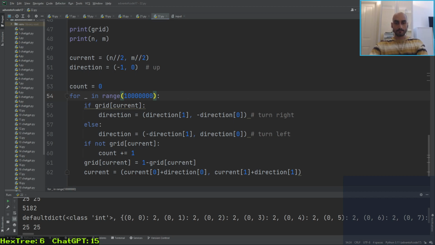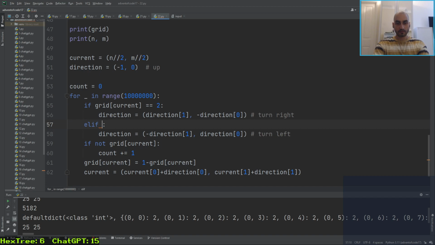Alright, so what are the steps? If it is clean, it turns left. If infected, it turns right. So if grid current is 2, turn right.